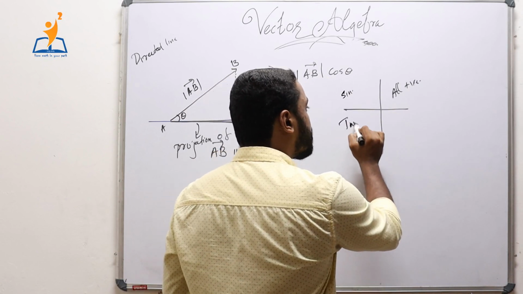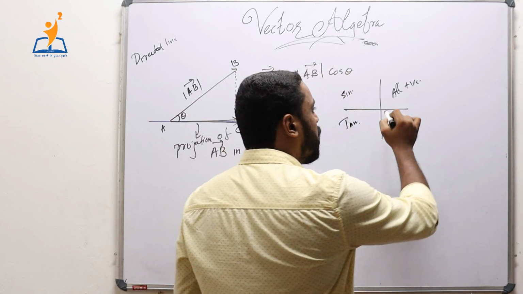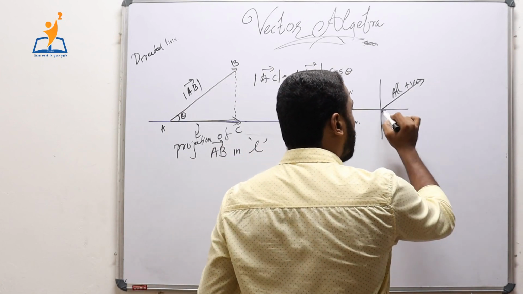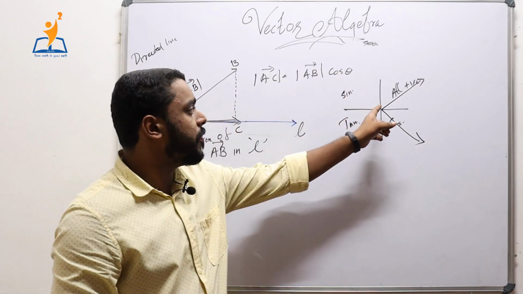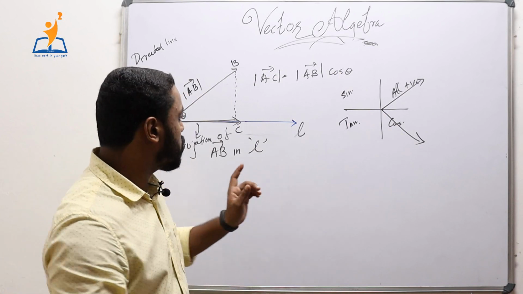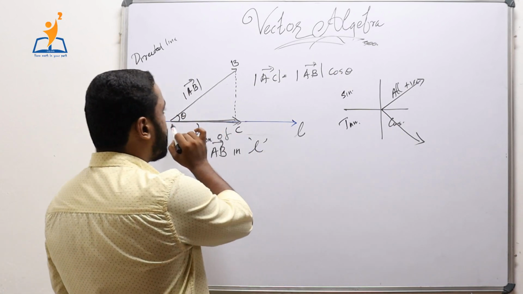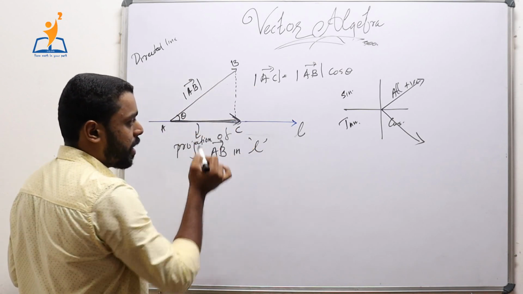Here tan and its reciprocal are positive. Here cos and its reciprocal are positive. So when the vector lies here or here, cos theta is positive. And when the vector lies here and here, cos theta is negative. So when I choose a vector like this, the direction of the projection will be like this.